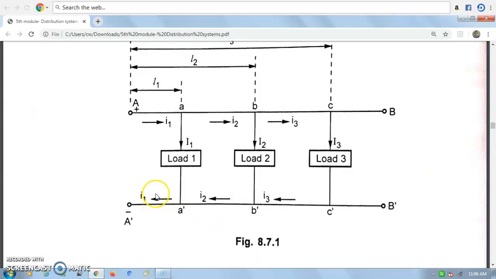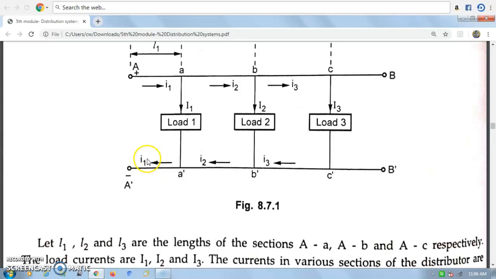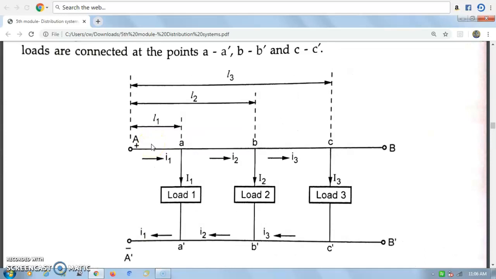Here I am considering R dash as the resistance per unit length of the conductor, in ohms. Next, section capital A to small a: what is the drop here? Current is I1, length is L1, resistance is R dash. The drop is small I1 into L1 into R dash.